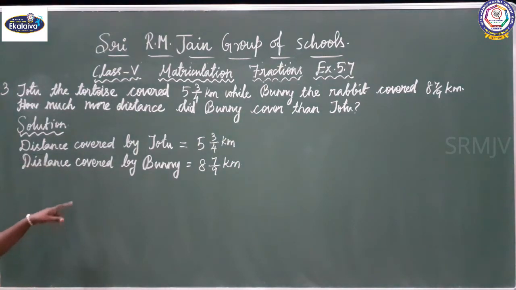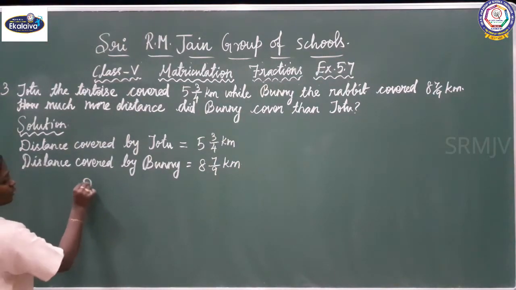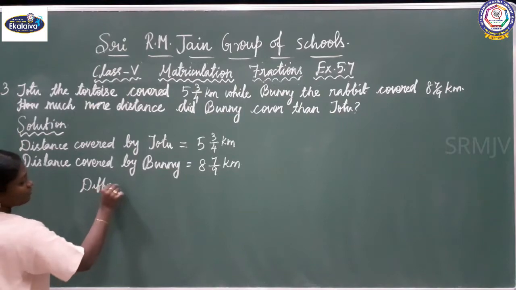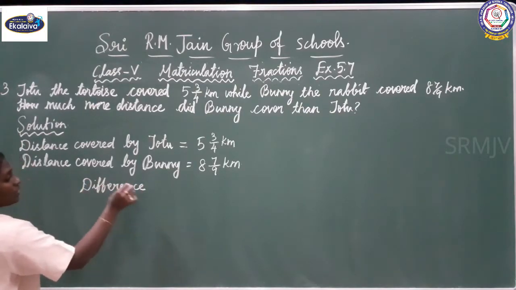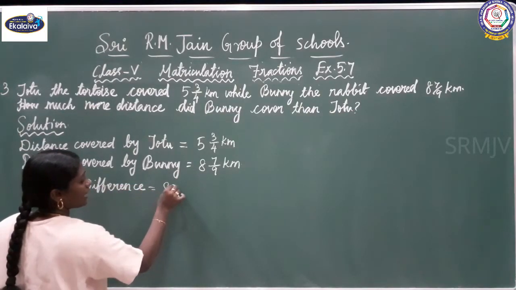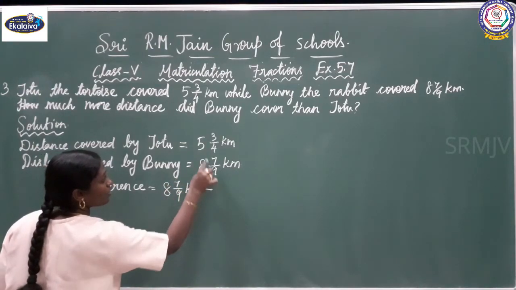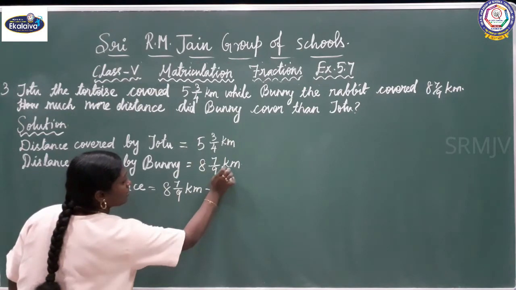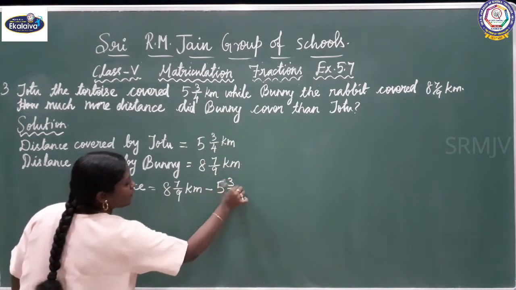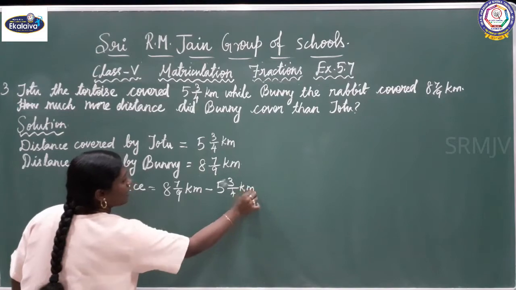Now we are going to find the difference between these two distances. Here we know that 8 7 by 9 is a greater fraction. So from the greater one we have to subtract the smaller, 5 3 by 4 kilometer.